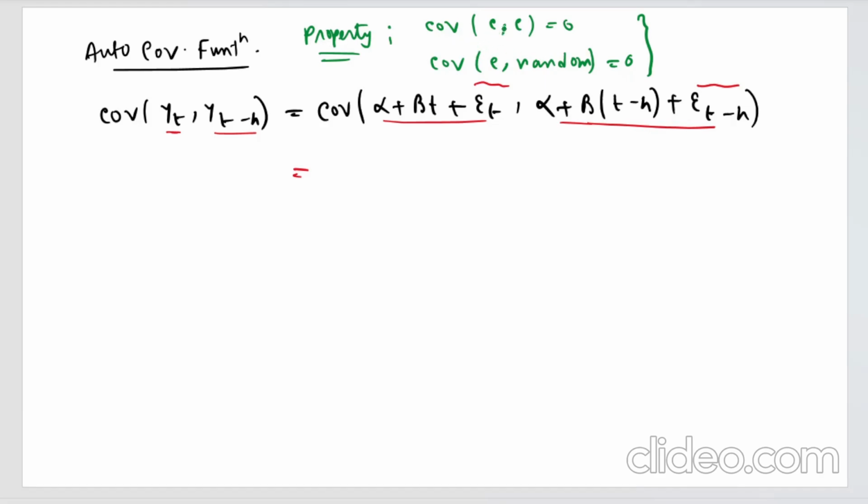The constant term is systematic, so you particularly know what this c is. Suppose c is 2, so 2 and 2 have no correlation or covariance with each other, right? So this is 0. It doesn't make any sense to find the covariance between 2 and 2. Again, the covariance of a constant and a random term is also 0. For the random term, we do not know what this term is. We are just trying to model this term. We only know the probability distribution of this term.